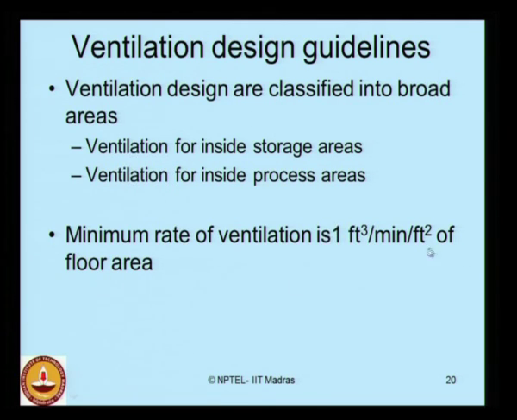So, you know your floor area in square feet, and you can design your rate of ventilation depending on the volume of your room, and for 1 minute you must at least have 1 cubic feet for 1 square feet area of your storage. This is common in both cases of storage and process as well.